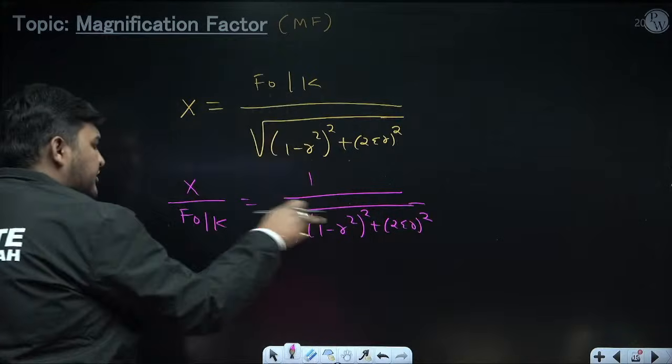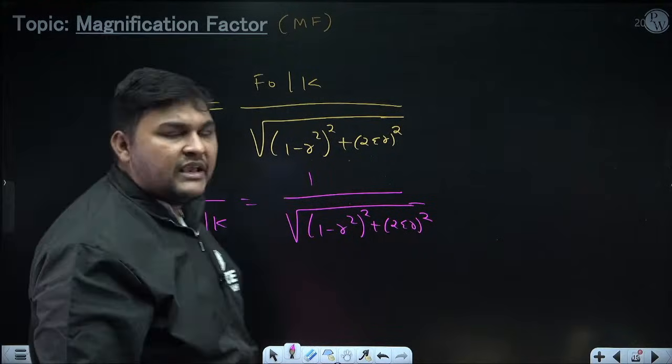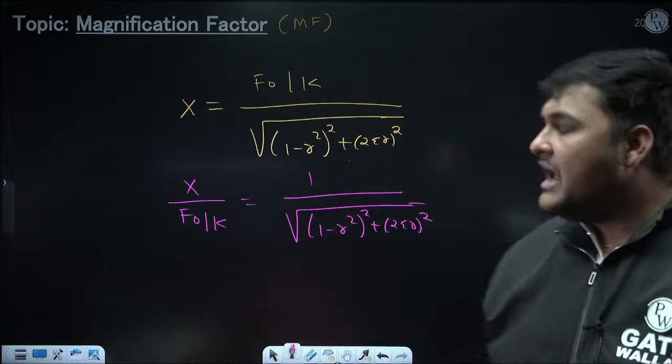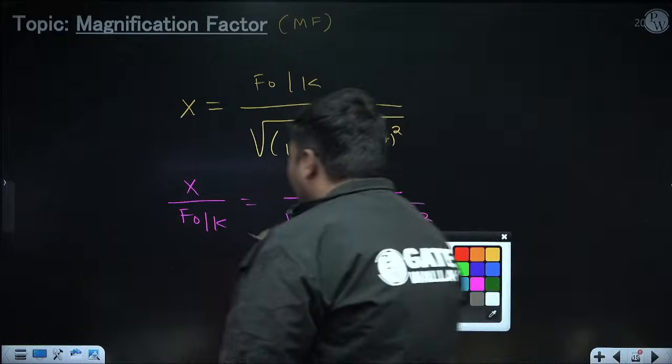So ultimately this ratio, the ratio of capital X and F0 by K, is a dimensionless ratio, and this ratio is known as magnification factor.